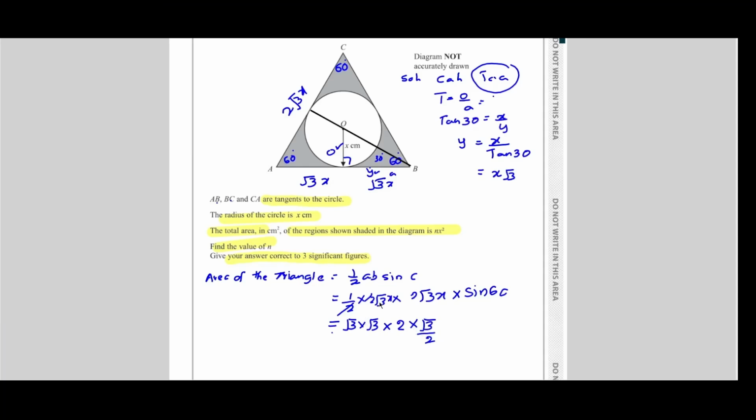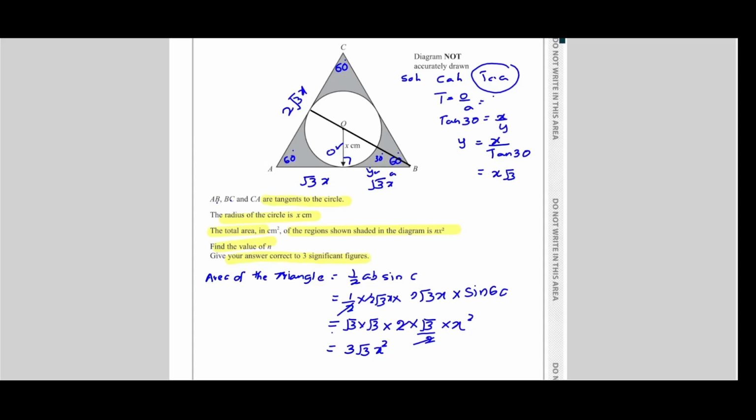So we have root 3 over 2, and then x squared as well. Let's cancel this 2. Root 3 into root 3 is 3, so 3 root 3 x squared. So this is the area of the triangle.